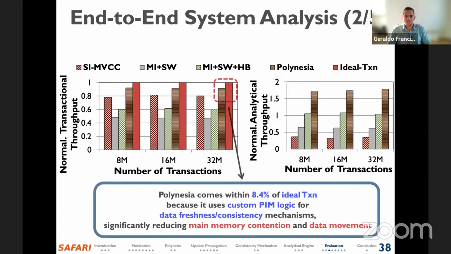Second, Polynesia can provide 91.6% of the transactional throughput of the ideal system due to its custom processing-in-memory logic for data freshness and consistency, and also a reduction in resource consumption at the main memory and in data movement traffic.